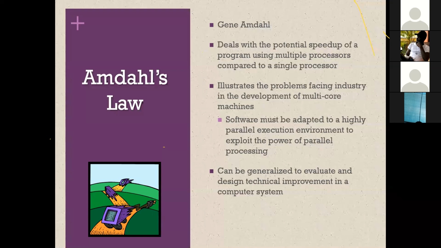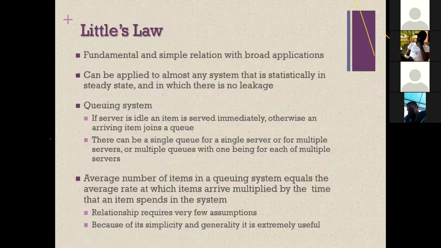And so the software that runs on such machines must be adapted to a highly parallel execution environment in order to be able to exploit the power of the parallel processing. Again, Amdahl's law can be generalized to evaluate any design or technical improvement in a computer system. And we will take another look at another one, Little's law.